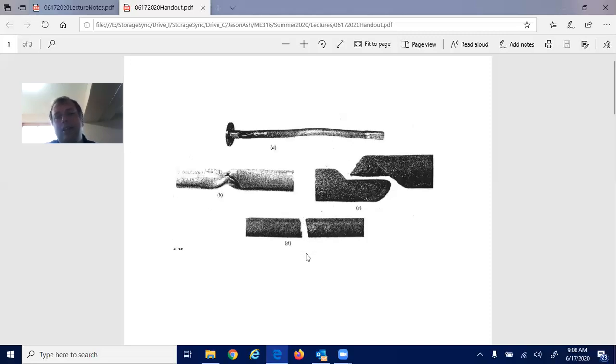And so the interesting thing with that, you probably looked at that in MET 231, 232, or an ME 216, that this is the exact opposite of what you experience for axial loading.